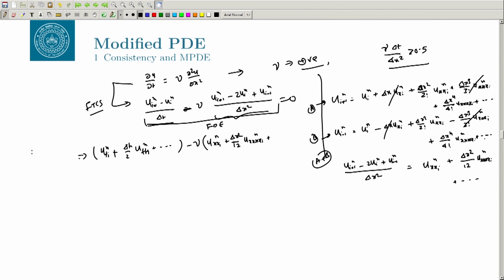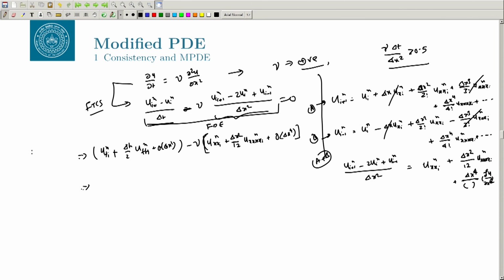The fifth term will also cancel, so the next is delta x to the power 6 times the sixth derivative. So this is order delta x to the power 4, and this is order delta x square.